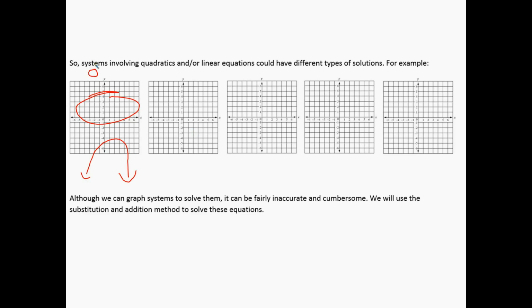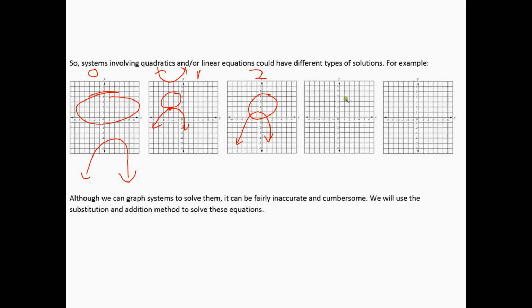We could have, let's say, a circle and a hyperbola. Maybe the circle and hyperbola end up looking like this, where there's just one solution. You could have maybe a circle with a parabola, and you can see you have 2 solutions.